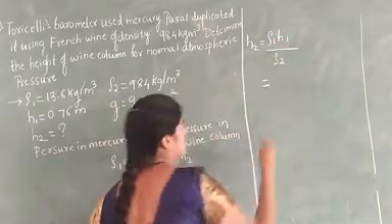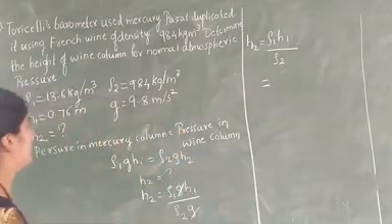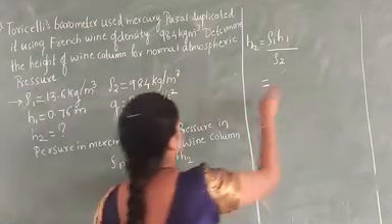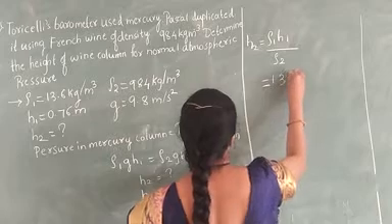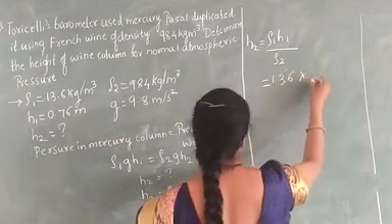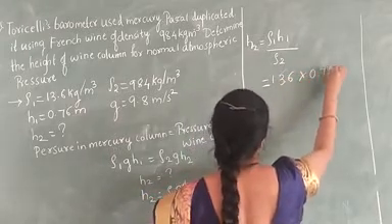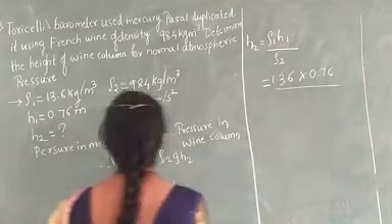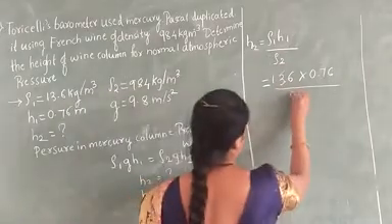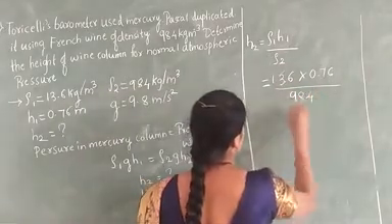Put the values of density 1, density 2 and the height H1: 13.6 into 0.76 divided by density rho 2, 984.